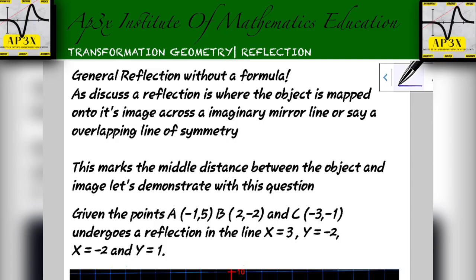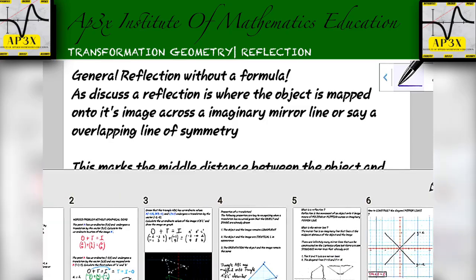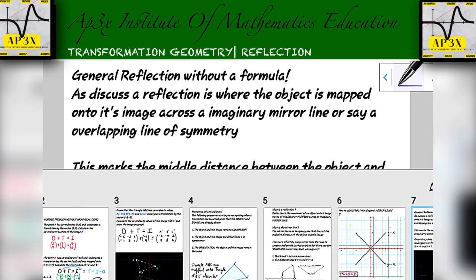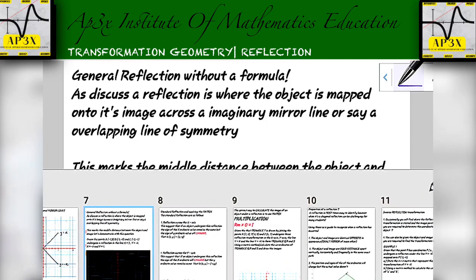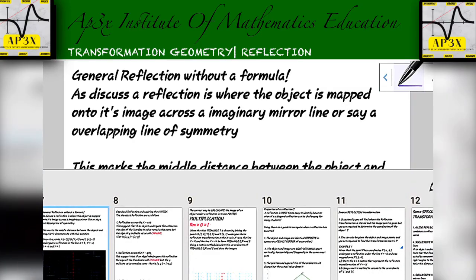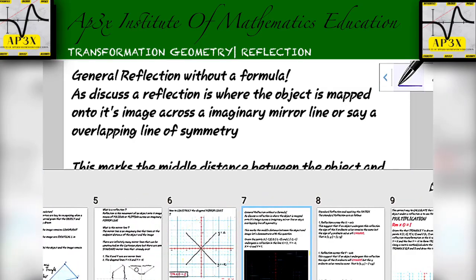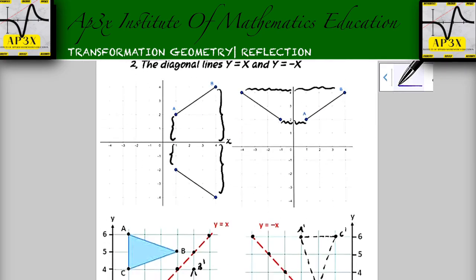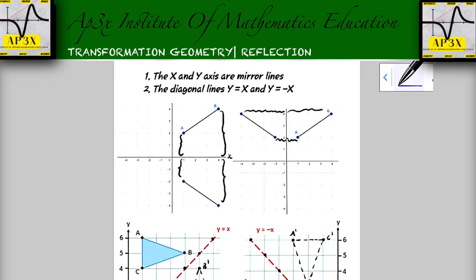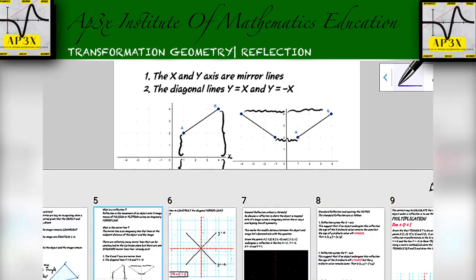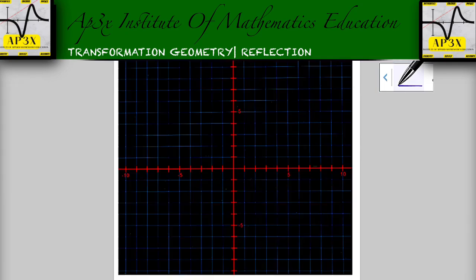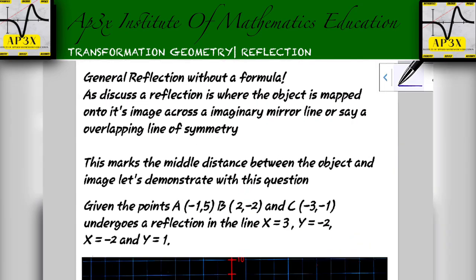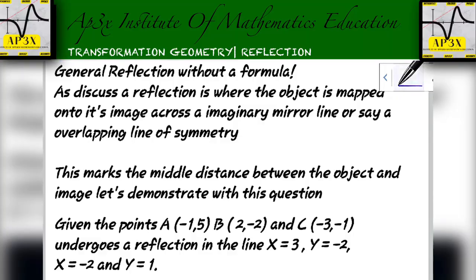That was in this particular slide, where we started off. In this part of the video, where I was showing you that we could jump across equal distance, that's what we're going to be discussing now. So we're going to be looking at general reflection without a formula.